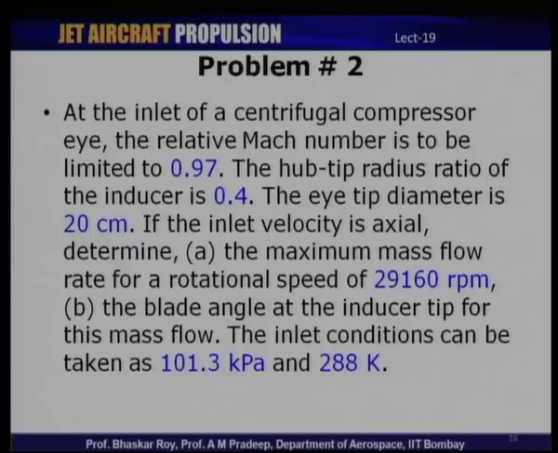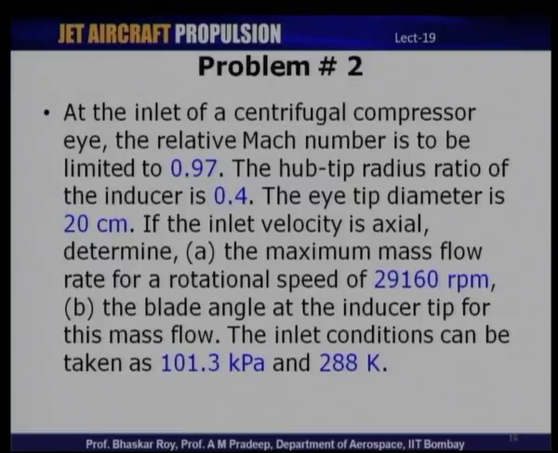So, here what is mentioned is that the relative Mach number has to be limited to 0.97, and we have been given some geometric details like hub to tip ratio of the inducer as 0.4, the tip diameter at the eye is 20 centimeters, and also the rotational speed of 29,160 rpm.